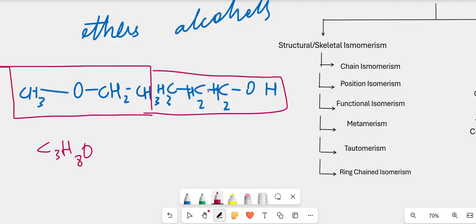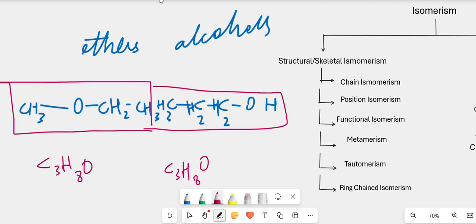And over here you have three carbon atoms, eight hydrogen atoms, and one oxygen. So we have the same molecular formula. It's just that they have different structures. Why? Because they have different functional groups, right?